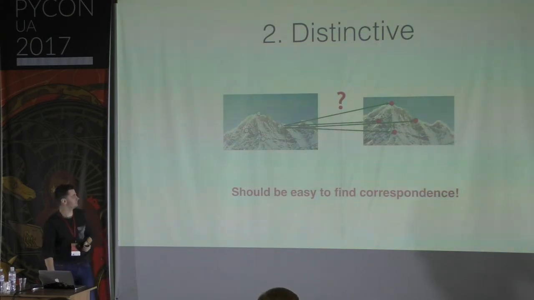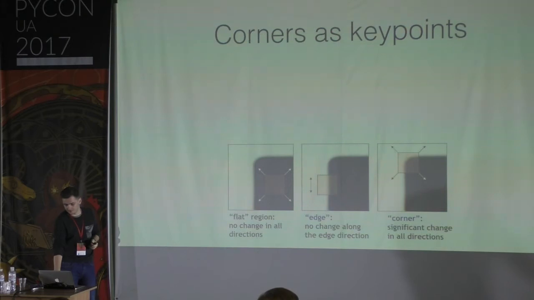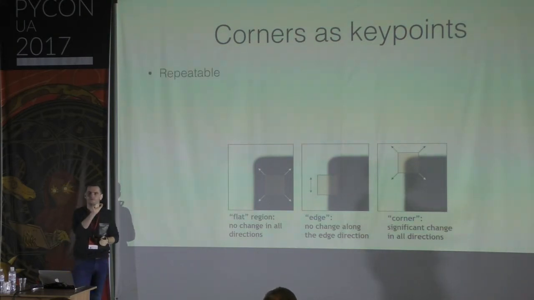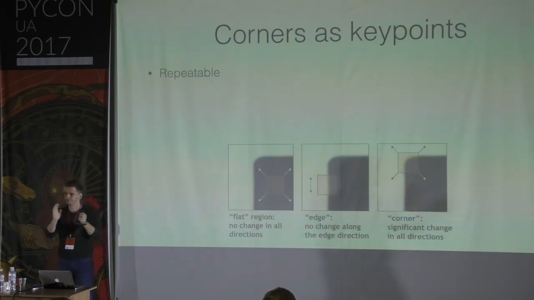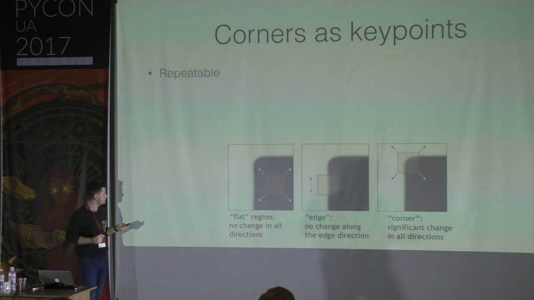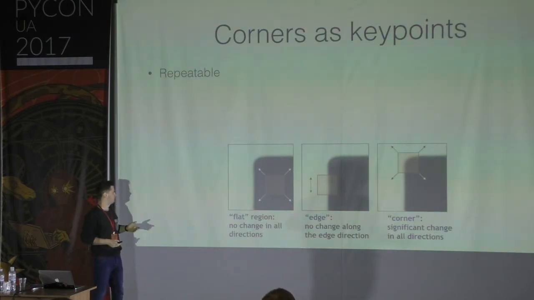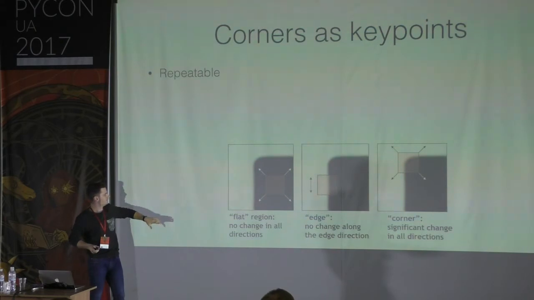So first part is how to get key points, which are basically pixel coordinates in the image that are reliably detected throughout different photos. So the scientific community found out that actually corners are very good key points, because if you have some flat region, there's no information change when we move it.